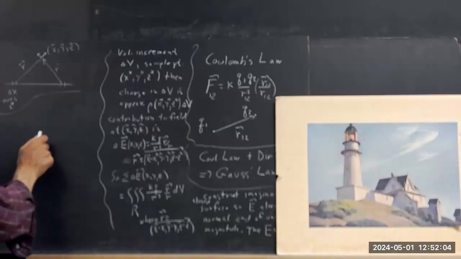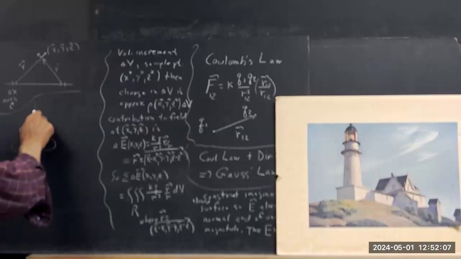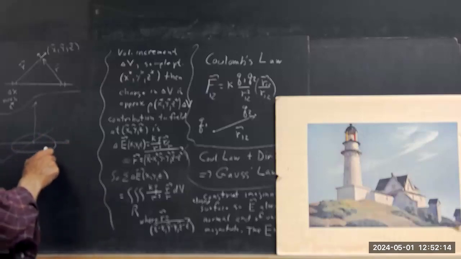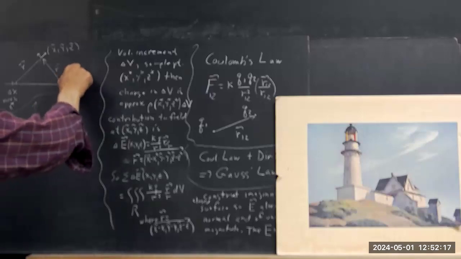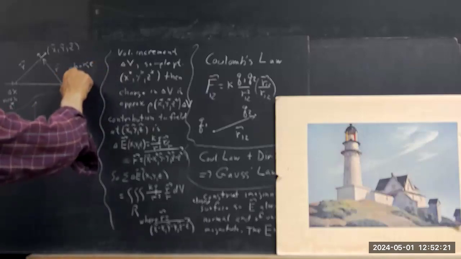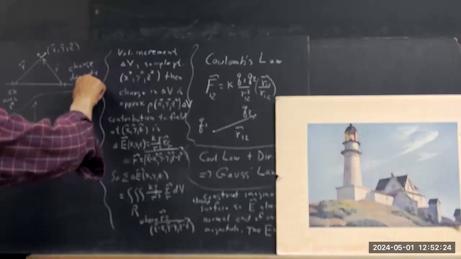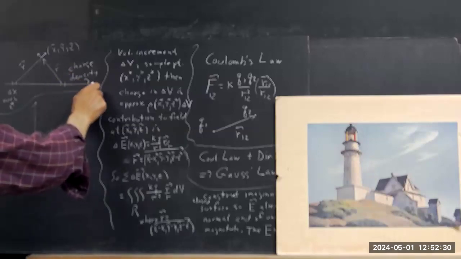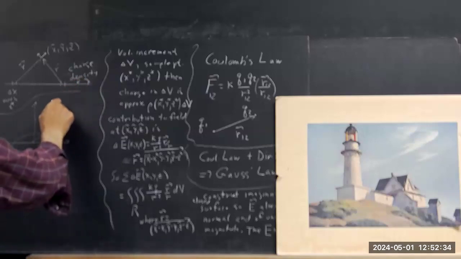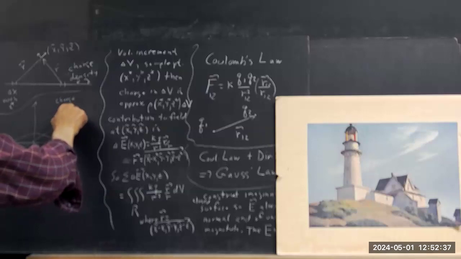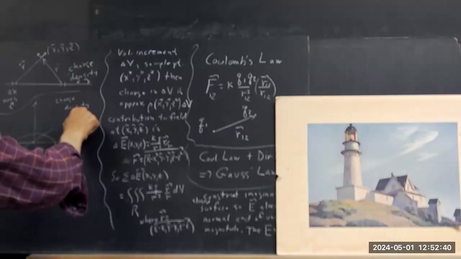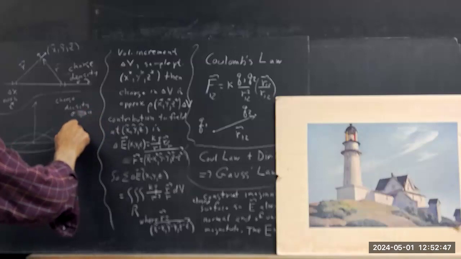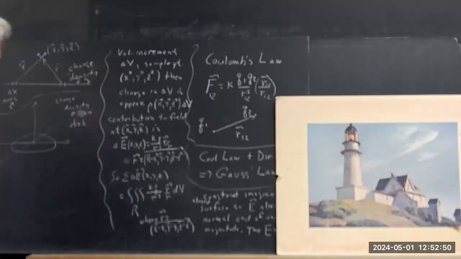Another is you've got a disk down here in the XY plane, and you've got charge density sigma on the disk.